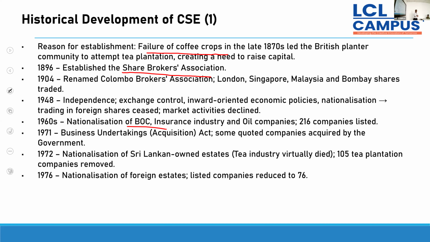Government as well in 1971, right? Also 1972 is there, 1976 is there, right? So here 216 companies, but in 1976, it is 76. It has reduced.